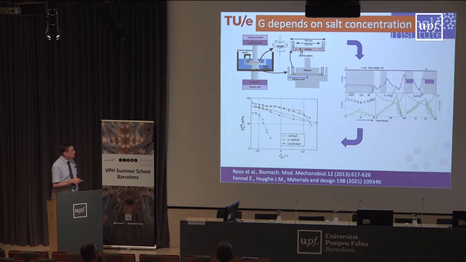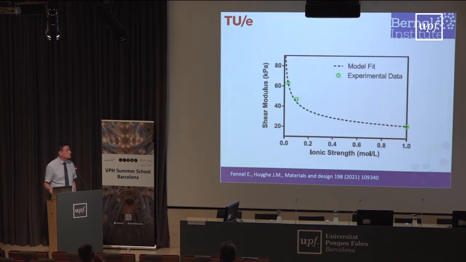And this kind of result has been found by us for gels, but by Alan Grodzinsky at MIT for cartilage. Here we have a dependence of stiffness on salt concentration as such. And you see here shear modulus plotted versus ionic strength, and you see quite significant changes in stiffness.